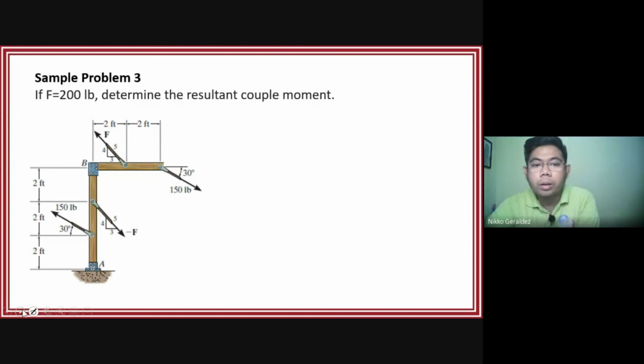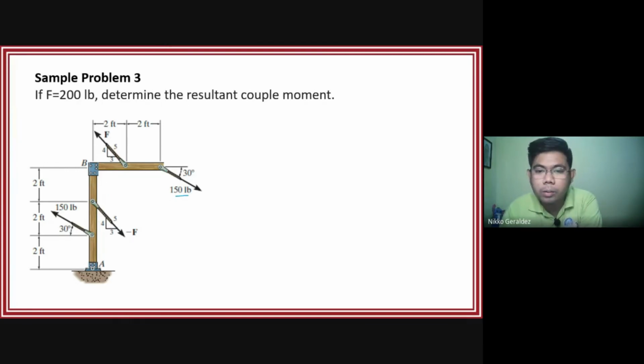Next. Ito. So, if F is 200 pounds, determine the resultant couple moment. Meron tayong two couples, F, which is 200 pounds, then 150 pounds. Paano natin sasolve?